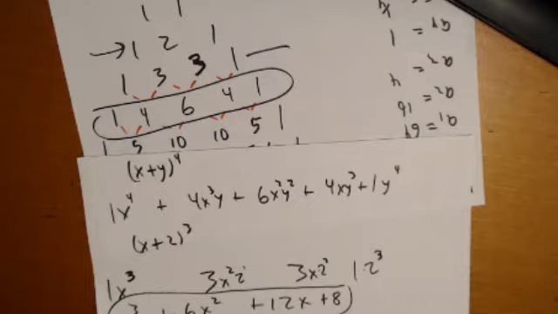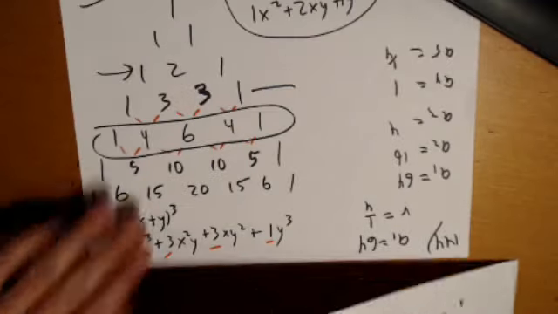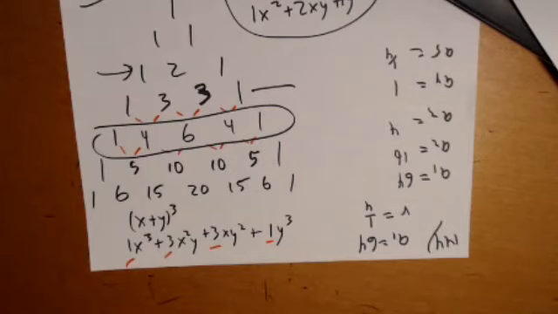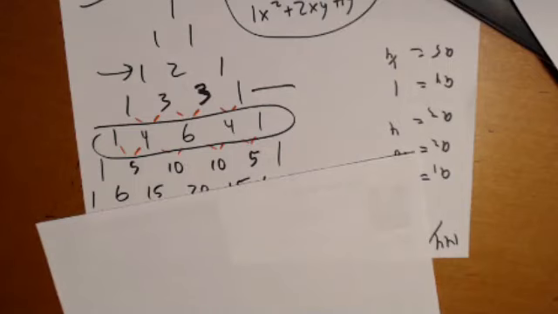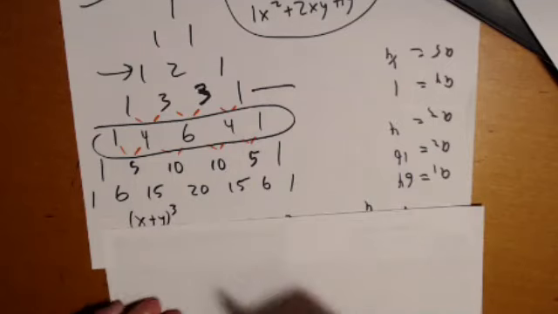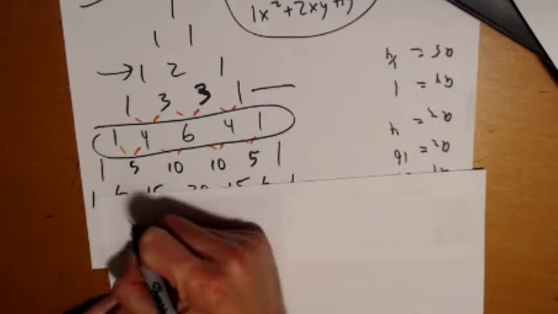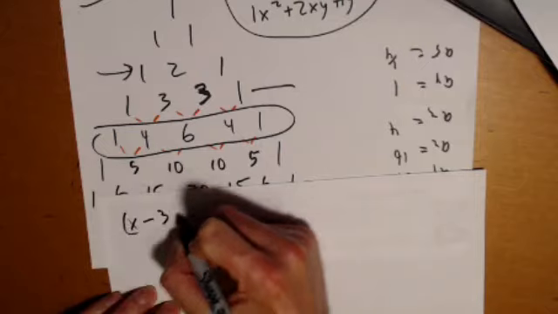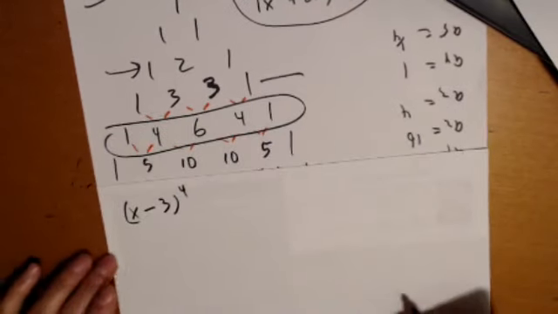And the only other tricky thing they can do really is if they give you a minus sign. So let's say they gave you a minus sign, like x minus 3 to the fourth power.